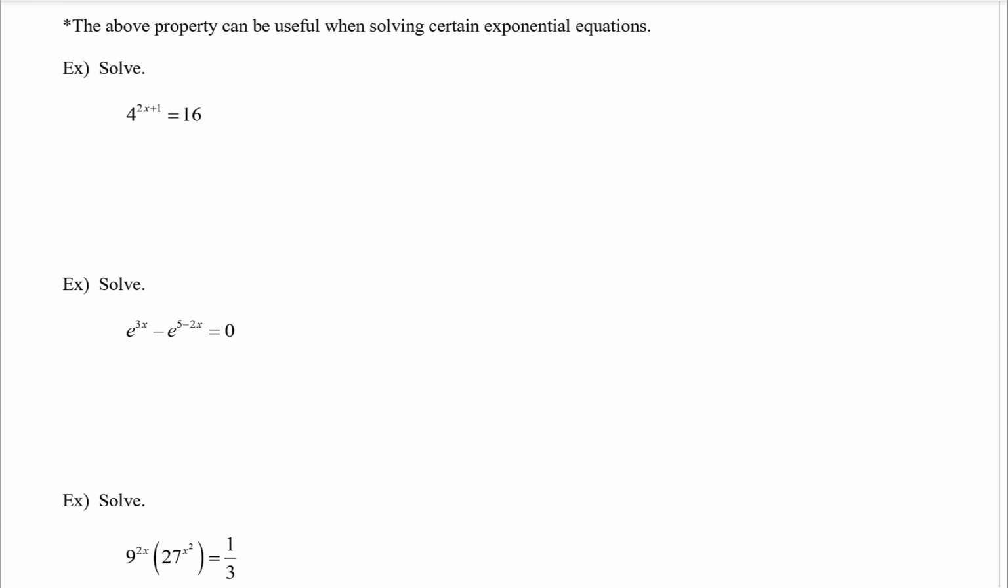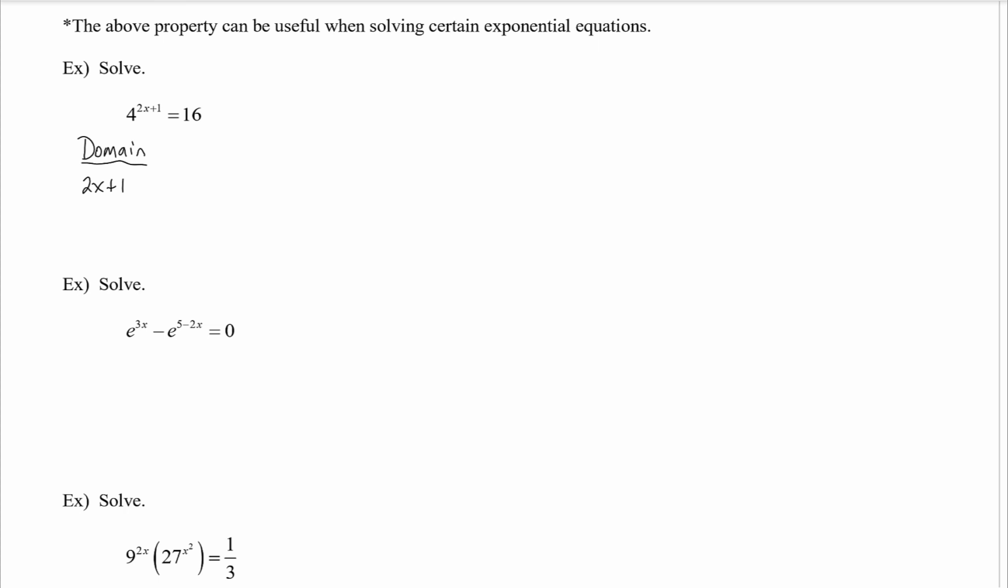So if I have 4 to the 2x plus 1 equals 16, let's think about domain. We've got the variable in the exponent on an exponential function of base 4. But remember, for exponential functions, the exponent can be anything. So 2x plus 1 can be any real number.